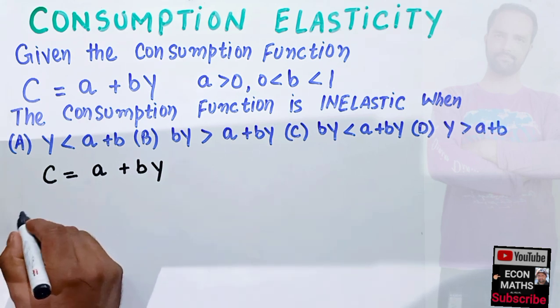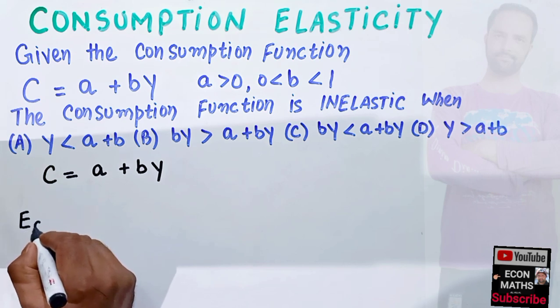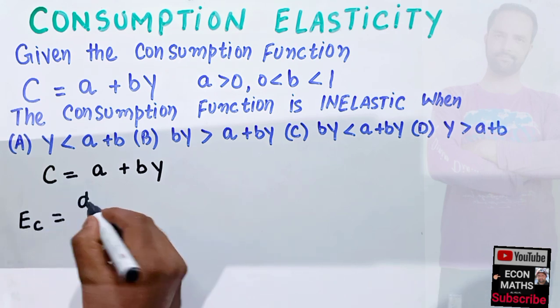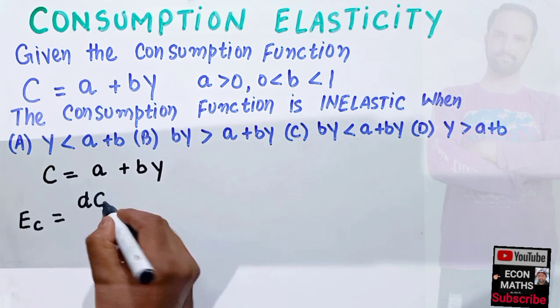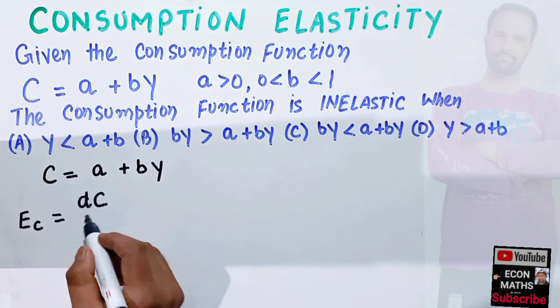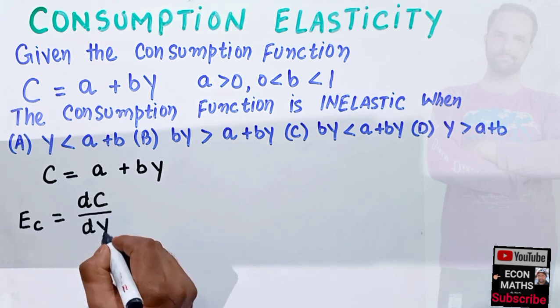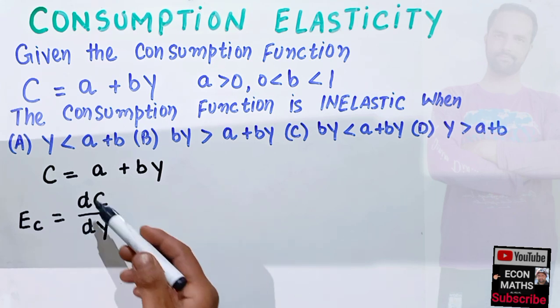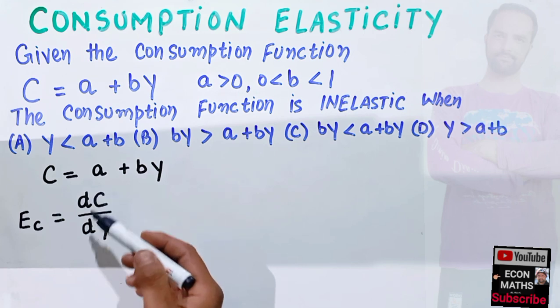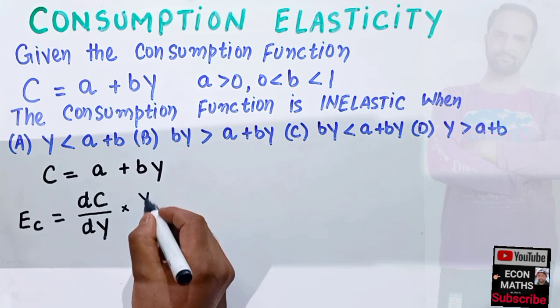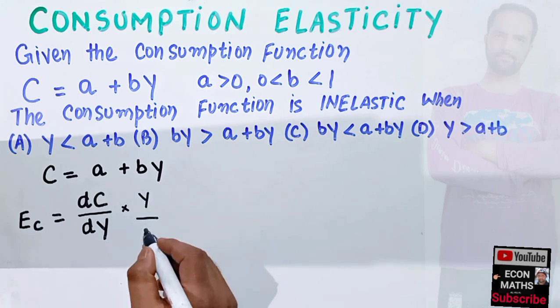Elasticity of consumption will be equal to change in consumption, that means change in dependent variable, upon change in independent variable, that is income. So change in consumption with respect to change in income times income upon consumption.